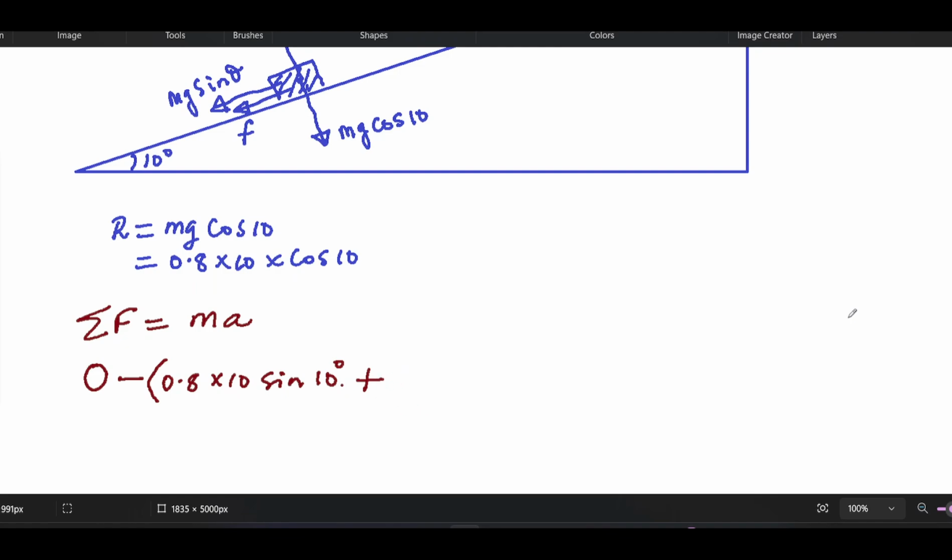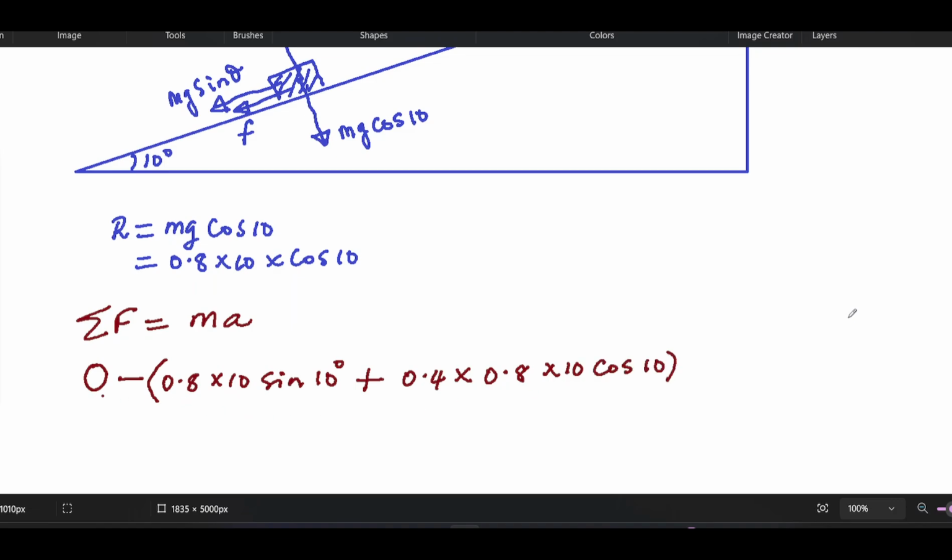So this is added to our value of the friction, which is always given by mu R. So mu in this case is 0.4 multiplied by, we just found that the value of R is this, 0.8 times 10 cosine of 10 degrees.